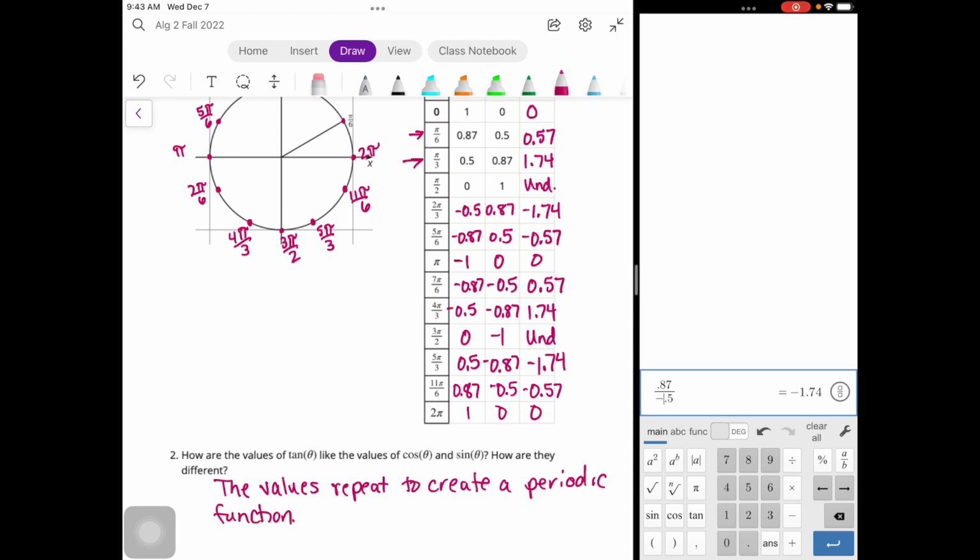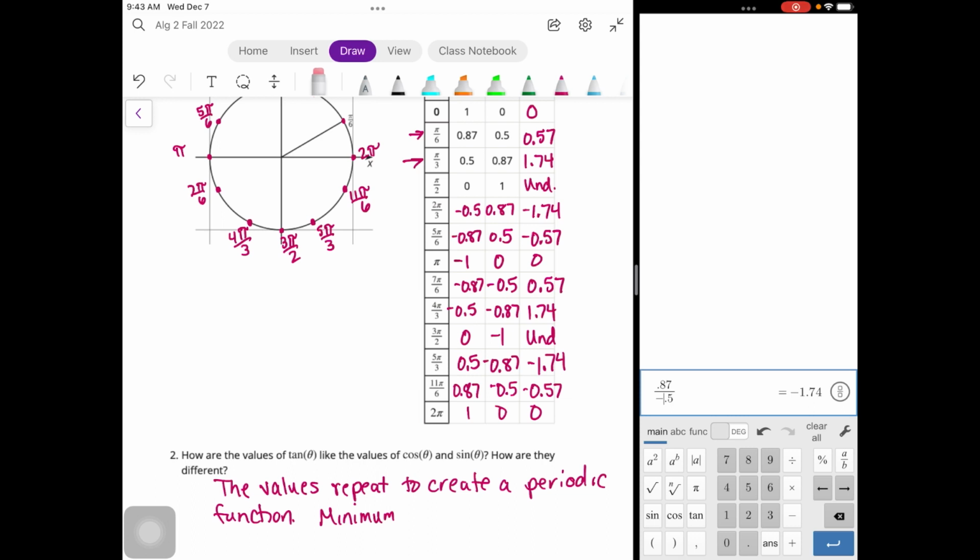How are they different? Well, if you look at the minimum value, there isn't one, because it looks like it's negative 1.74, but it actually continues going on.